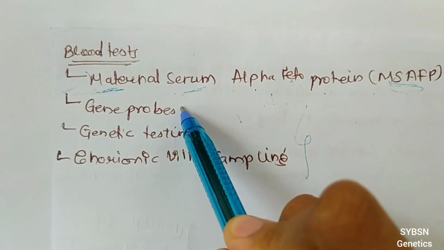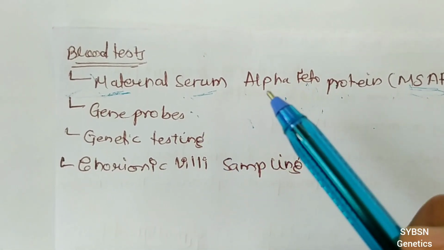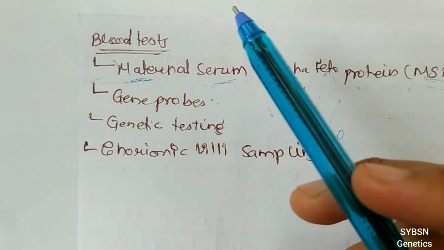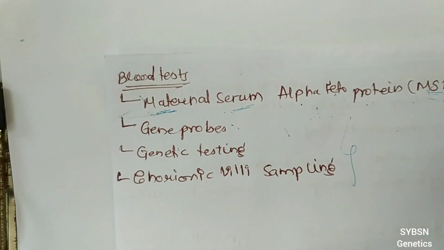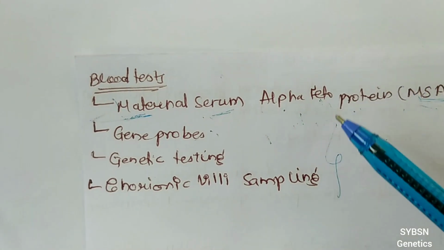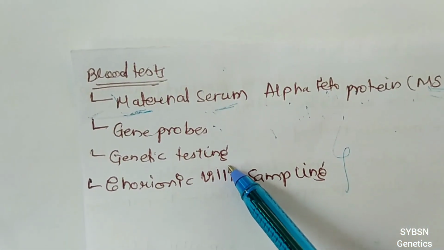Next we have gene probes. Gene probes and genetic markers are linkages which are available for a variety of disorders. For example, you can have thalassemia, Fragile X syndrome, hemophilia. This can be figured out by doing a routine screening for every abnormality, and it might not be available. Next we have genetic testing.